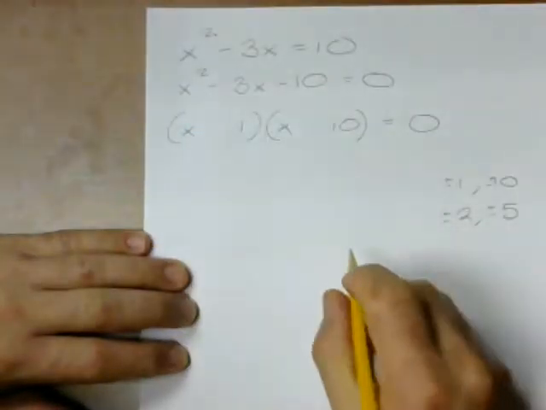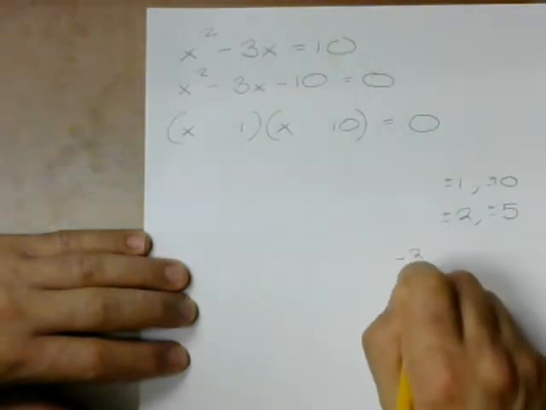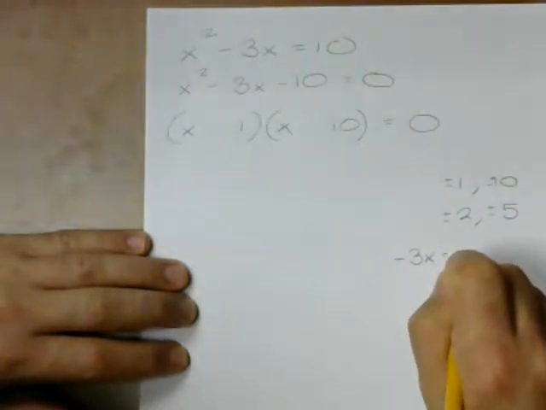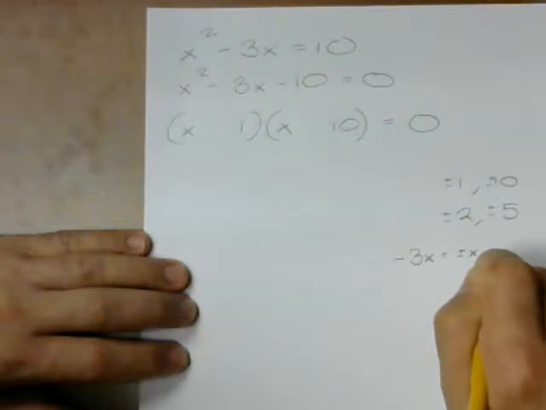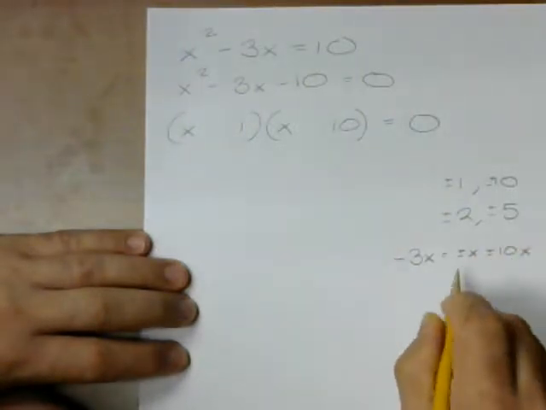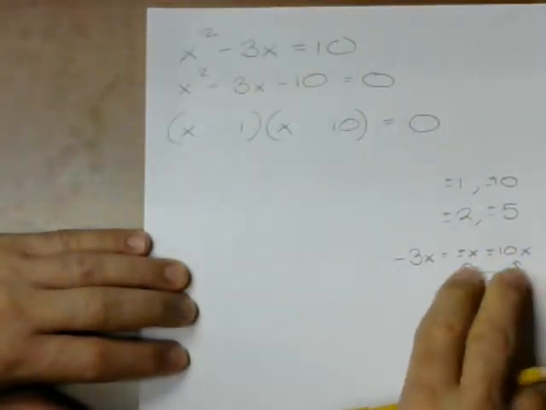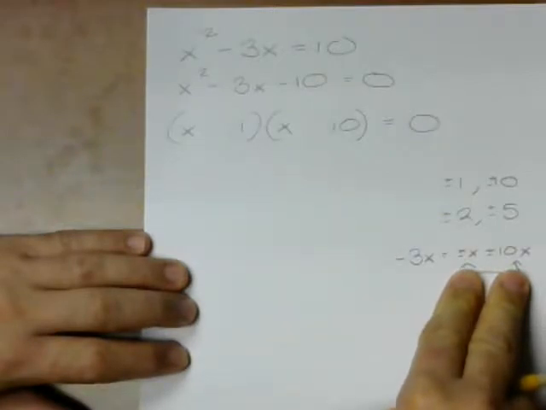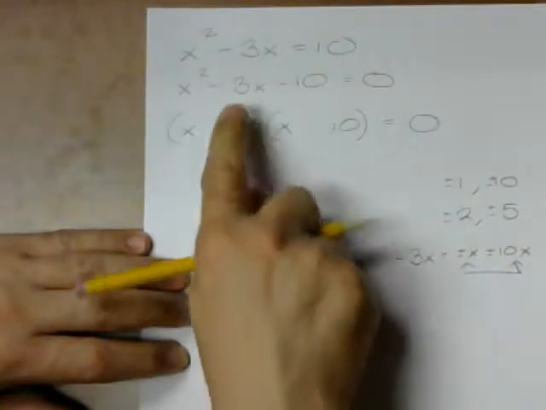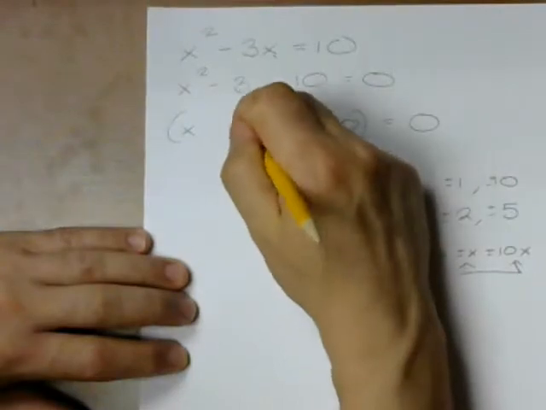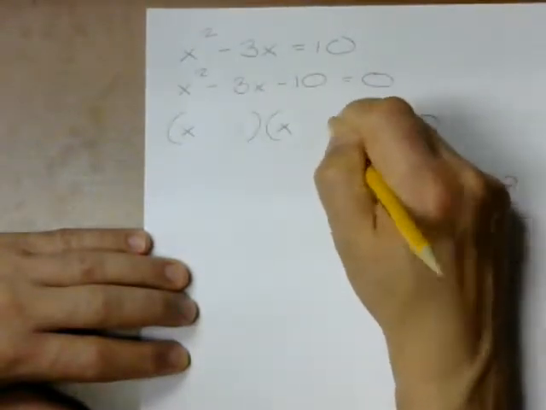So is there any way for me to get a negative 3x from plus or minus x plus or minus 10x? Well, I could get an 11x. I could get a 9x. But there's no way I'm going to get near 3. So the 1 and the 10, that's not going to work.